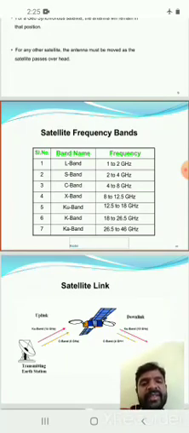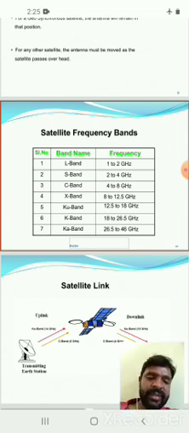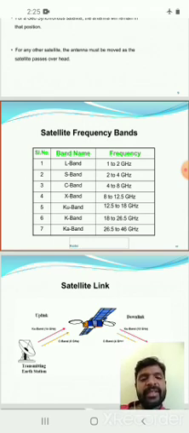Satellite frequency bands. Here, satellites use microwave frequencies. These microwave frequencies are divided from 1 GHz to 700 GHz, and are divided into categories or bands depending on the applications we need.